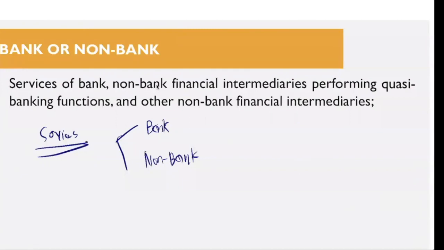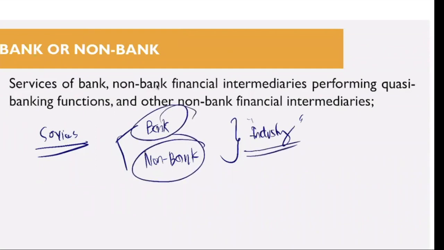So I lent money. I gave a loan. Is that loan and the interest considered taxable under business tax? No, because under the rule, it is exempt. So any services, because here it is all services. So the exemption here is not a transaction, but the whole industry. What is exempted here is the industry. What industry? Bank or non-bank.